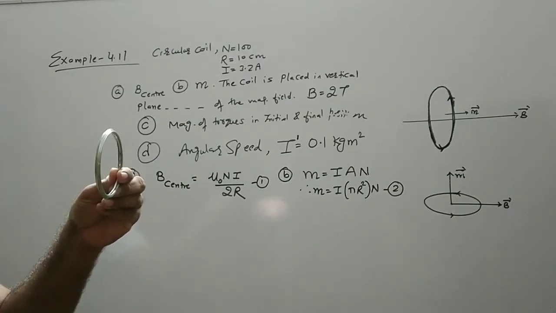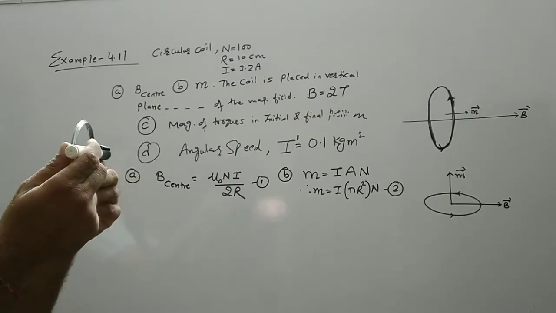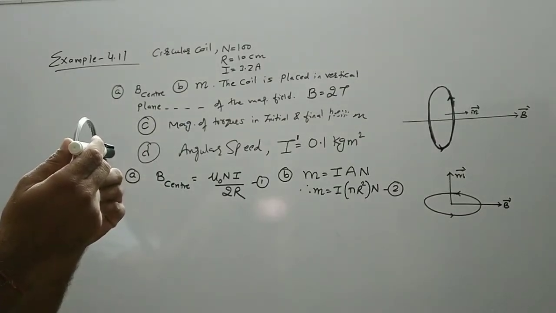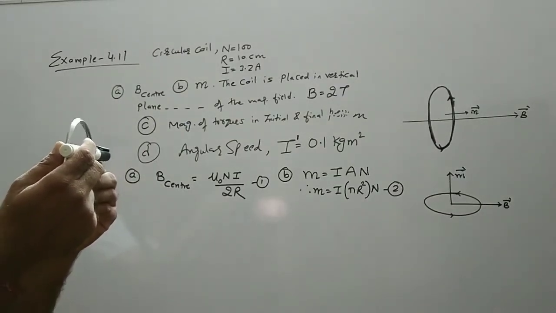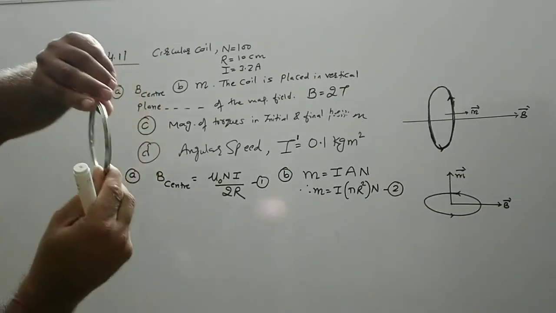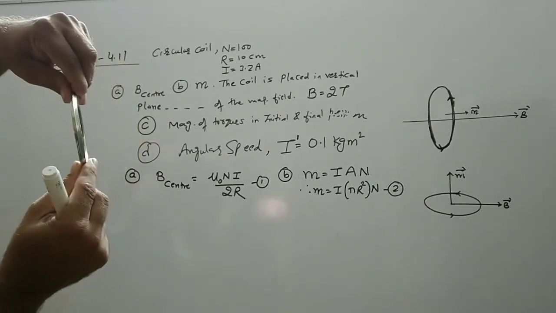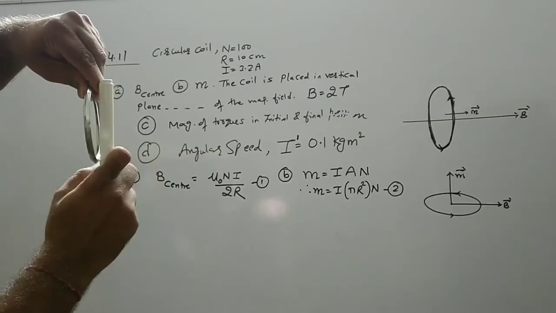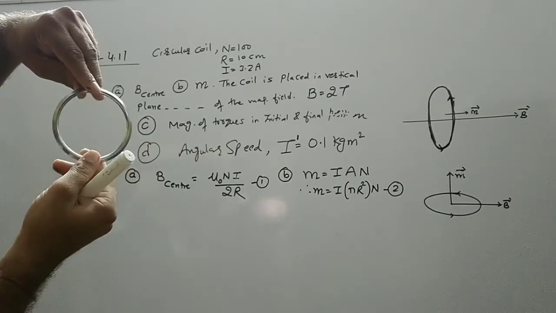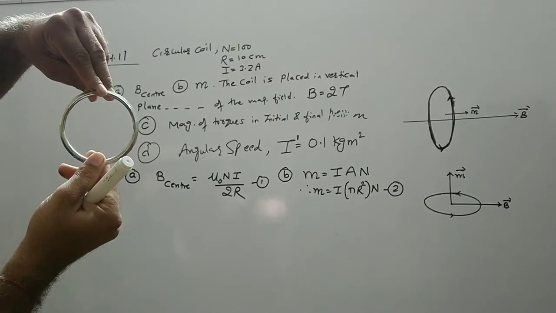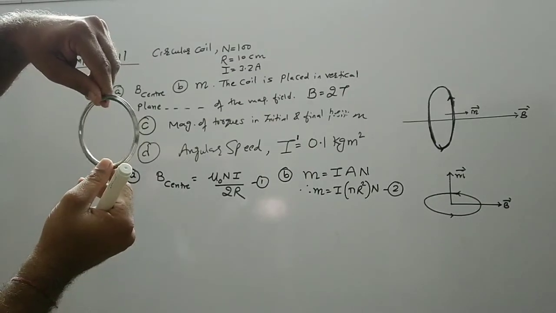Then it is free to rotate about an axis which joins its diameter. So I can also take the coil rotation like this. If I keep a coil like this, again it is a diameter, I rotate it by 90 degrees, either in this direction or in that direction.